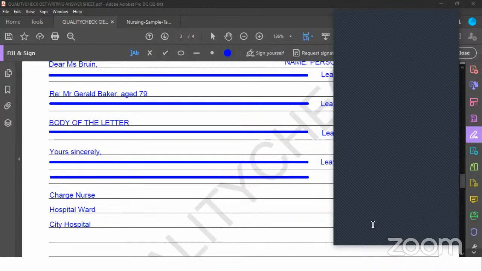Formal letter means there is a format. The format will be standard. You cannot tamper with it. You cannot meddle with it. You cannot do any alterations or modification.